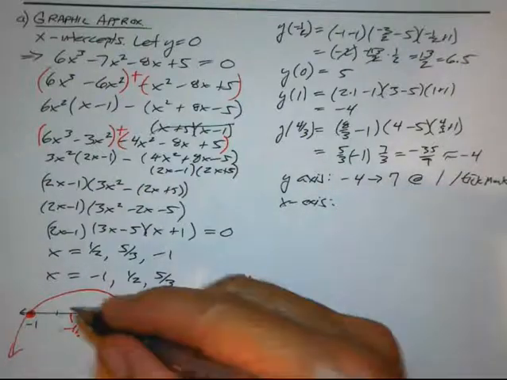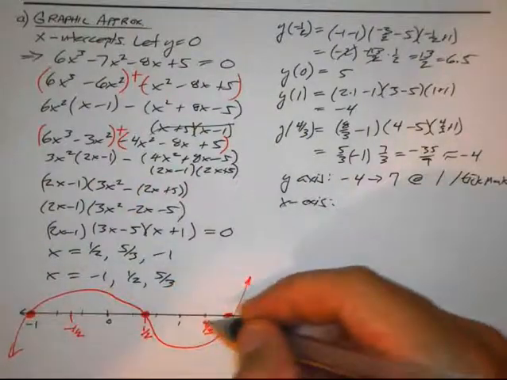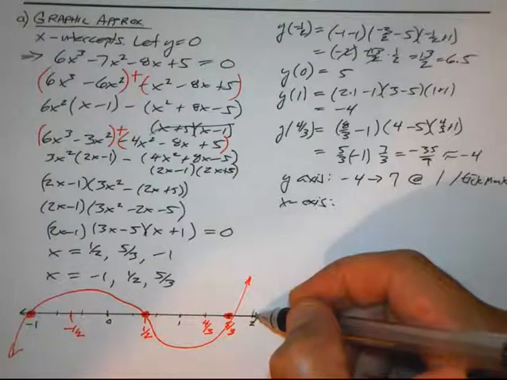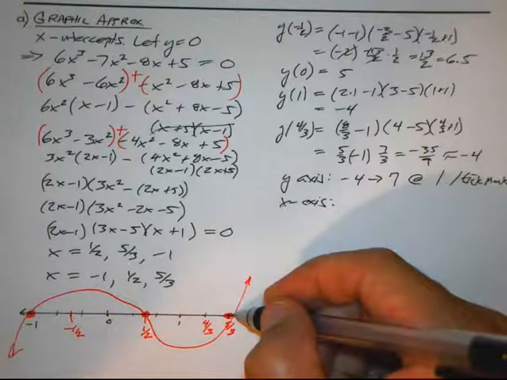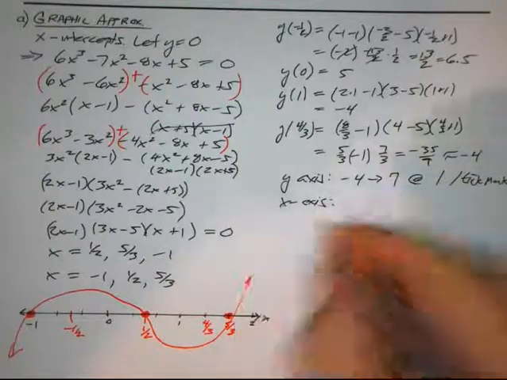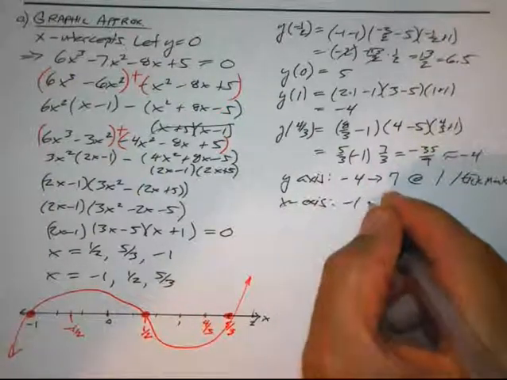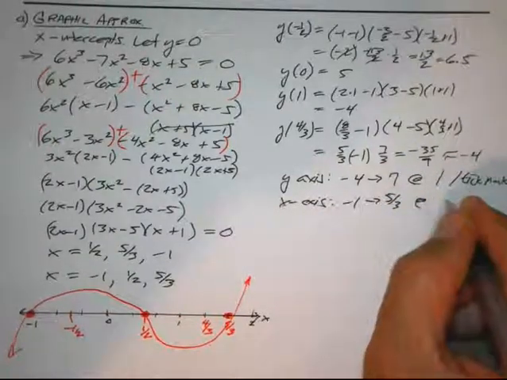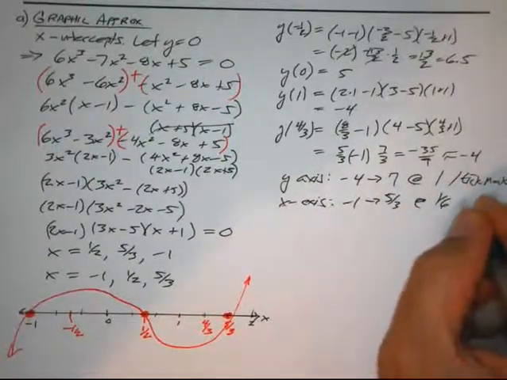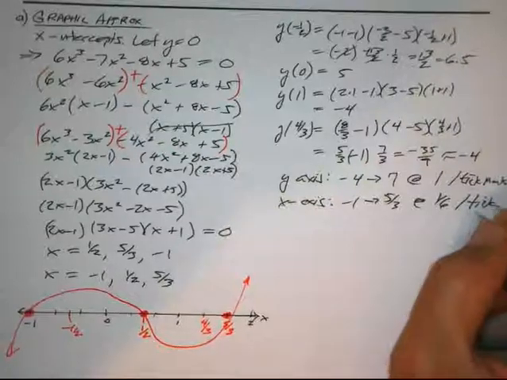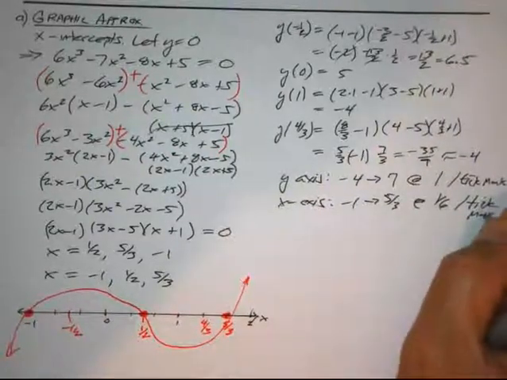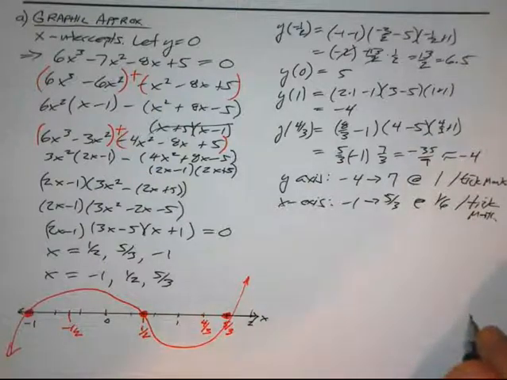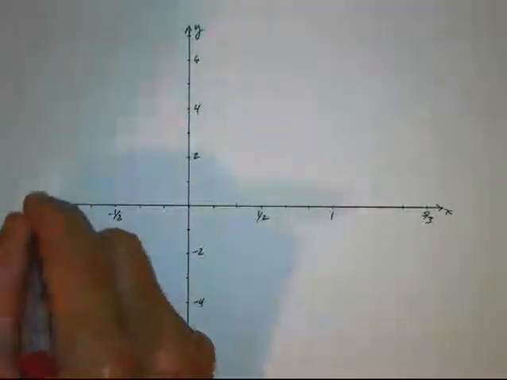That would be about 3 units, 18 centimeters, 16 centimeters. Okay, that's alright. We'll do that. X-axis: negative 1 up to 5/3 at 1/6 per tick mark. Okay, we are ready to set up this coordinate system and graph away.